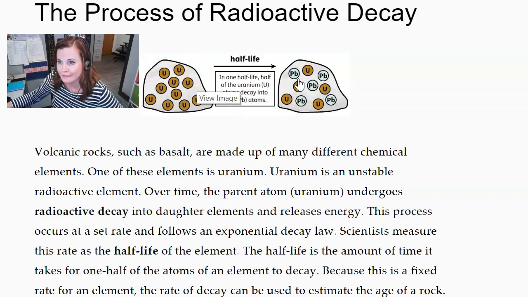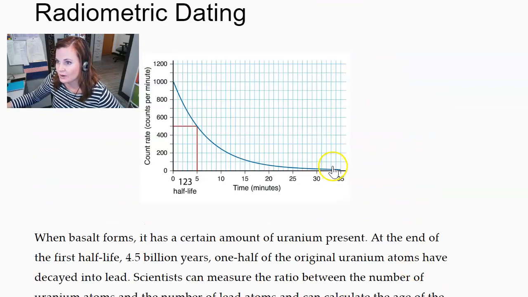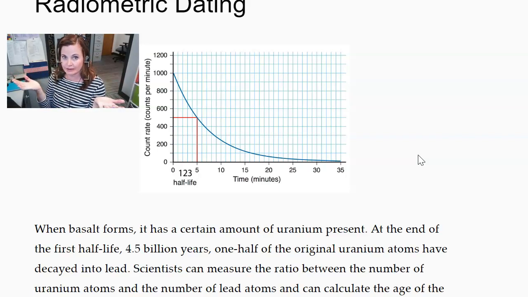After a certain amount of time, half of the uranium changes into lead. That's what's called the half-life, the amount of time it takes for half of it to change. For uranium changing into lead, the half-life is about 4.5 billion years. So if I start off with 2 kilograms of uranium, after 4.5 billion years, I'll have 1 kilogram of uranium and 1 kilogram of lead.